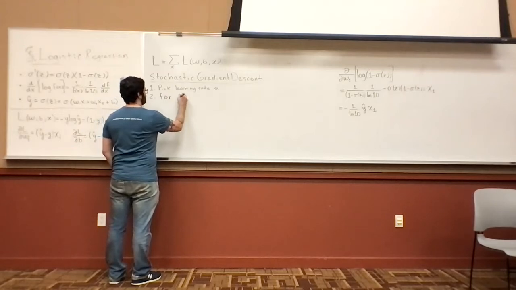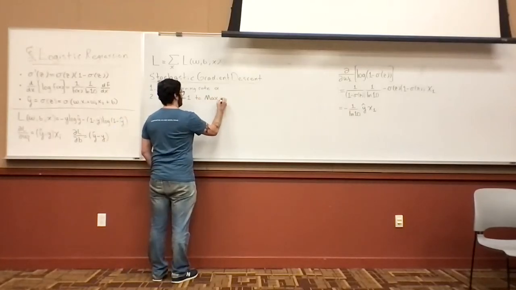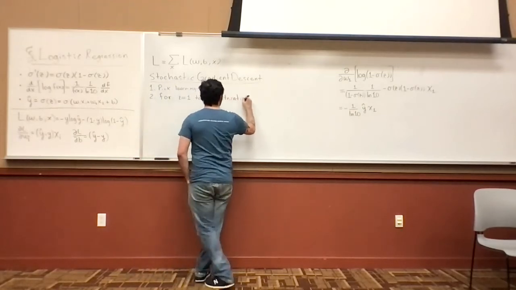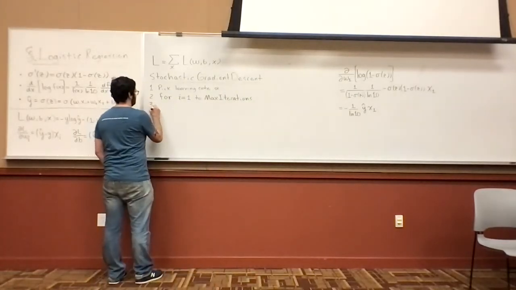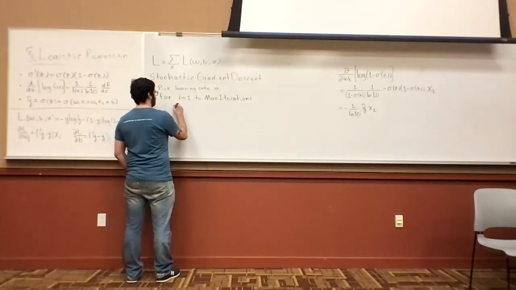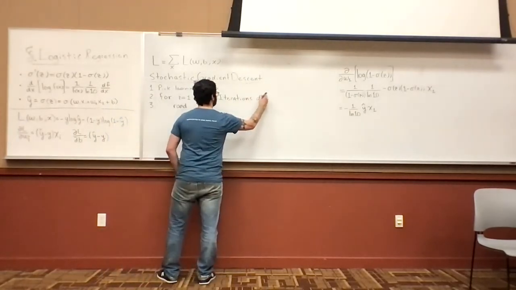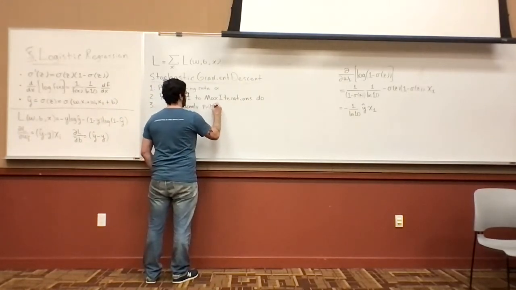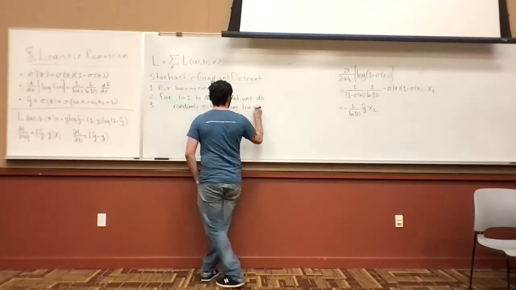Or maybe for i equals 1 to max iterations, do: randomly pick x from training data.